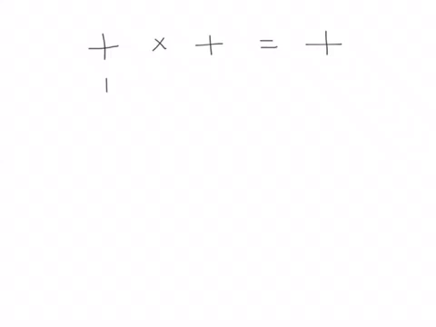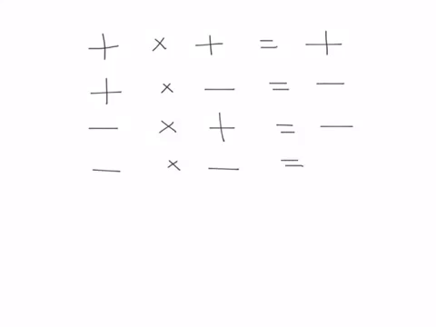But if I've got a positive number and I times it by a negative number, my answer is a negative number. If I've got a negative number and I times it by a positive number, my answer is still a negative. But if I've got a negative number and I times it by another negative number, my answer is positive.